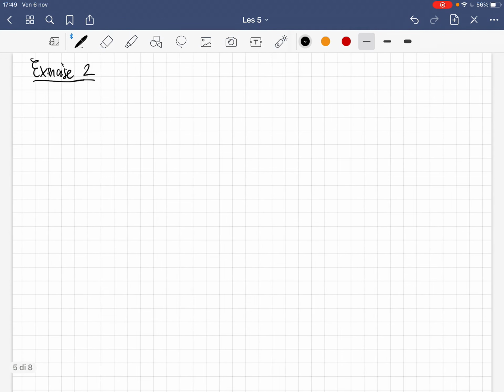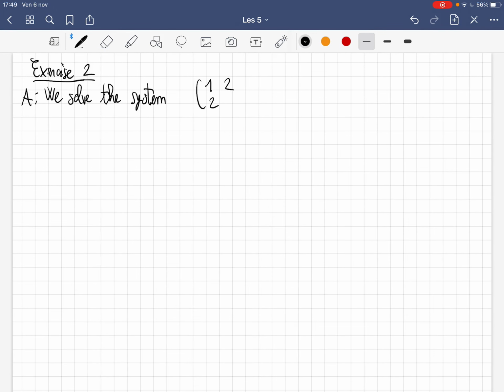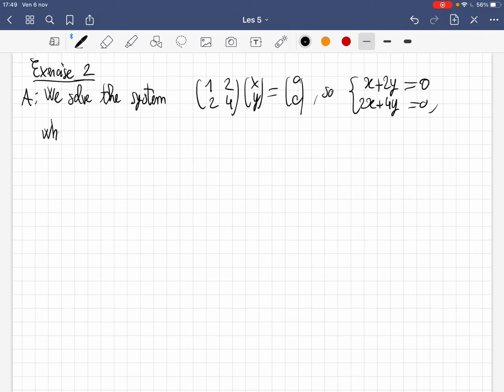So, we solve first the system, which is 1 2 equal to 0, 0, which is equivalent to just this equation.